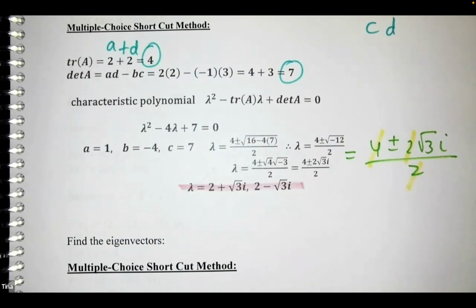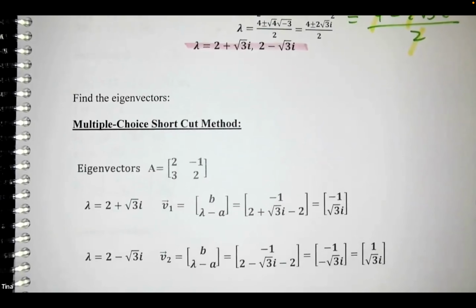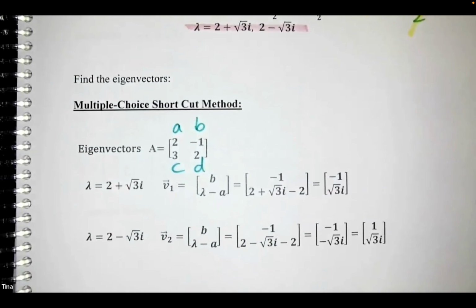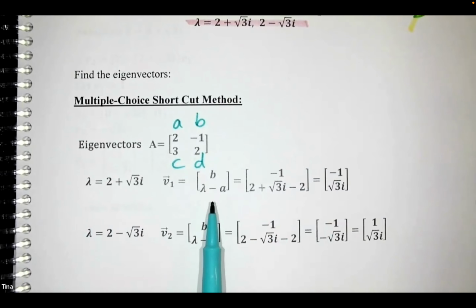Okay, now finding the eigenvectors. Again, if you get something like this on a multiple choice, then the trick method is a lot faster, especially when you have i's, right? So if we have our matrix A, B, C, D, and this is our first lambda, we know that the eigenvector can be b over lambda minus a, as long as it's not (0, 0).